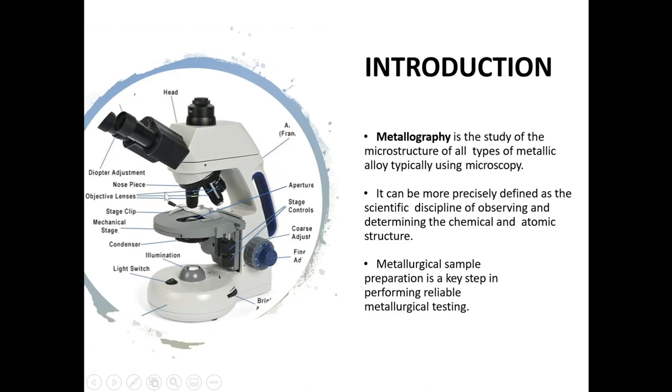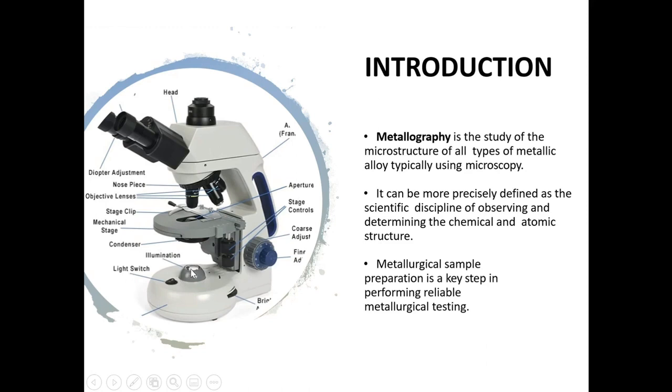A typical microscope is as shown in the figure, where you can observe the microstructure through these different lenses. There are three objective lenses shown in the figure, and here is an eyepiece from which we are going to observe the microstructure. This is a switch which controls the light.